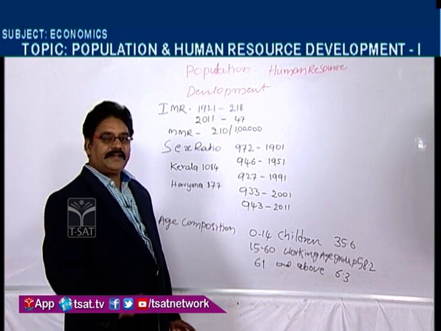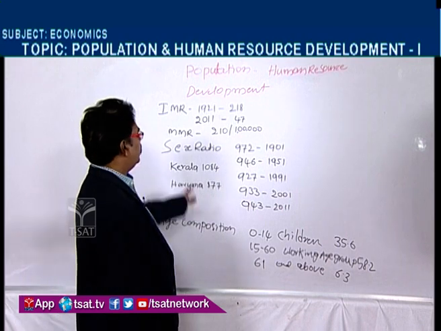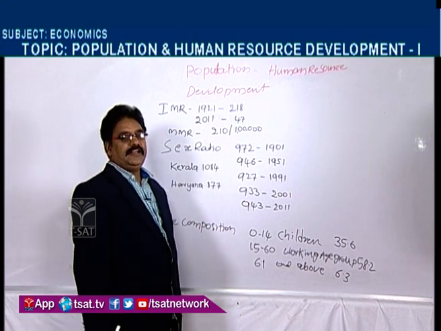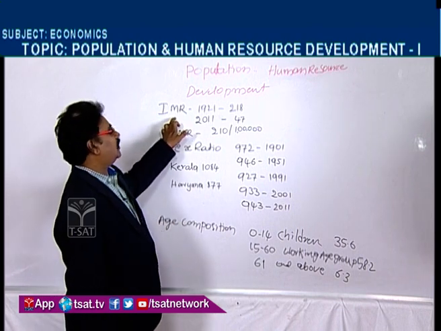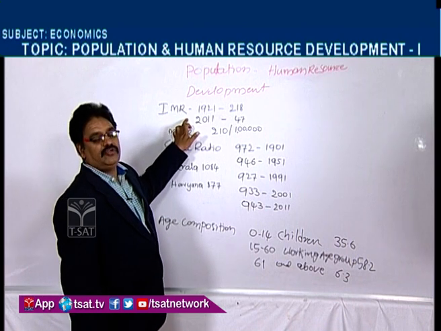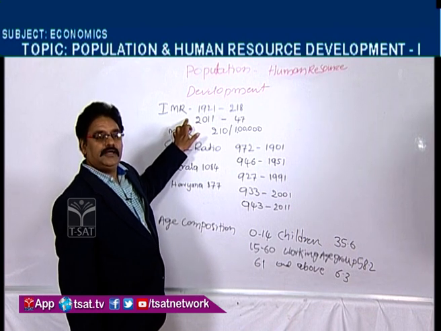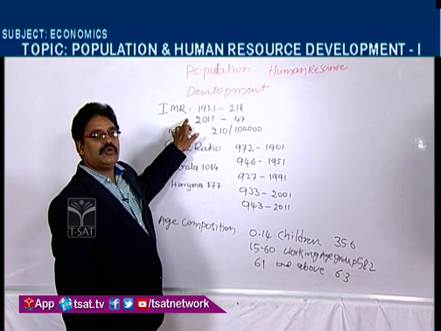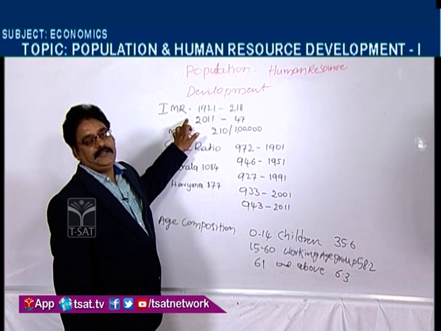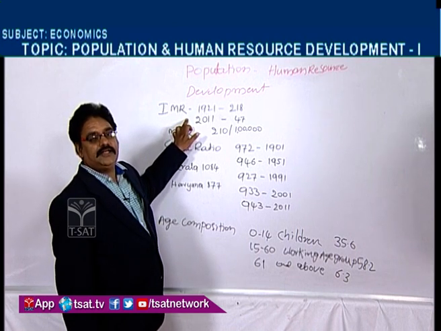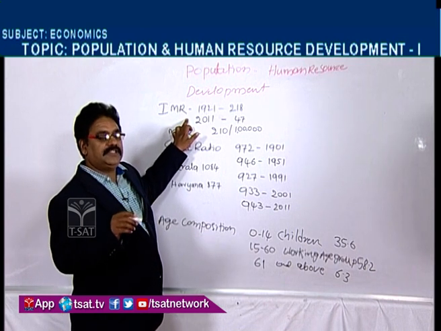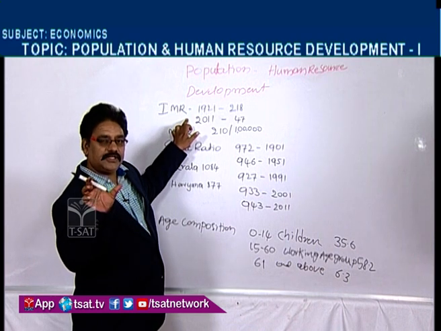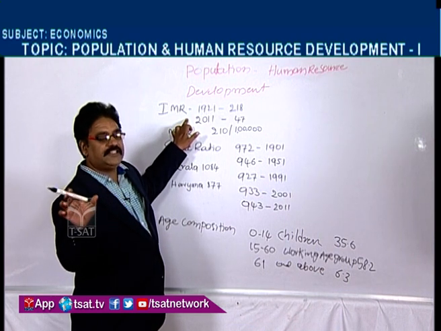We are observing the trends in population increase, and some important details about the IMR. IMR means infant mortality rate. Infant mortality rate is the ratio of the number of deaths of children among every 1,000 newborn children.